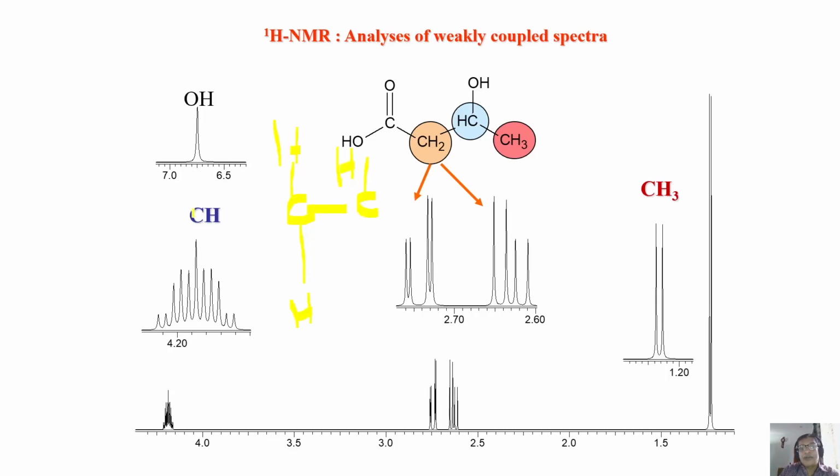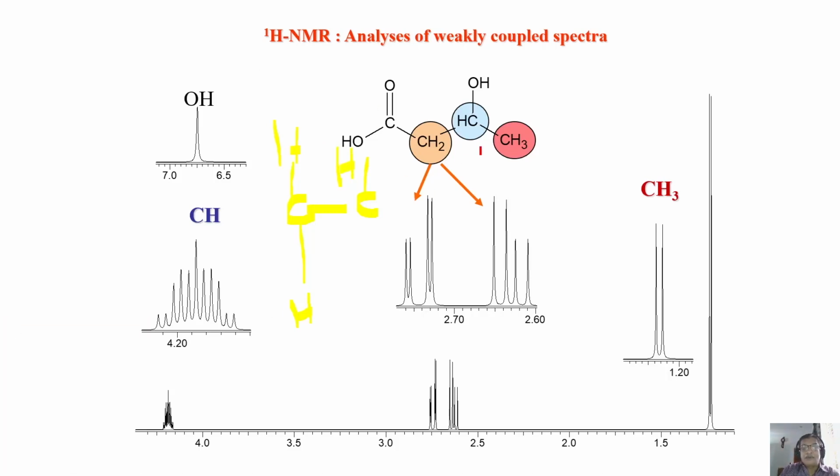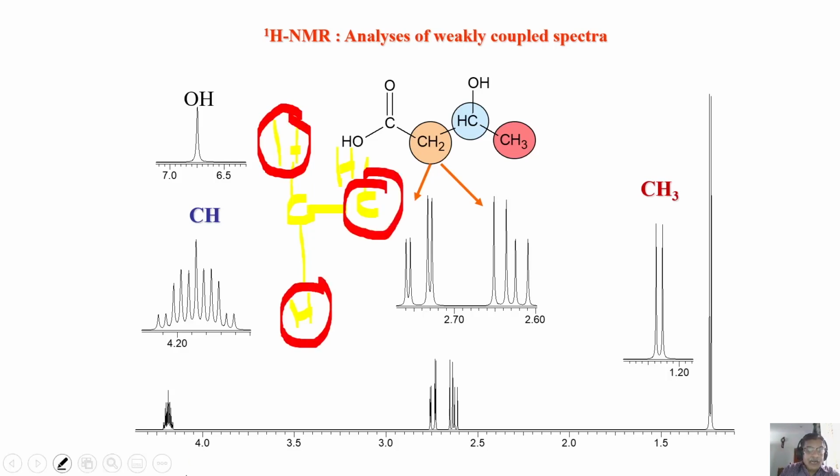This is the structure I am going to write for this molecule, for this CH2 group and its CH. Now, I call this the A proton, this M, and this X. And X is coupled with these 2 protons in addition to CH3. Very interesting, right? So now it is a quartet.